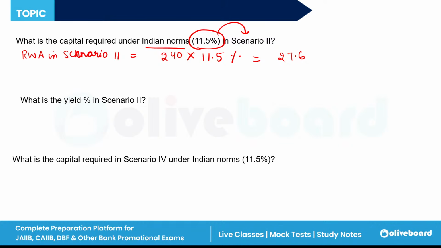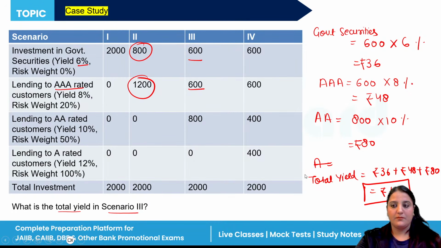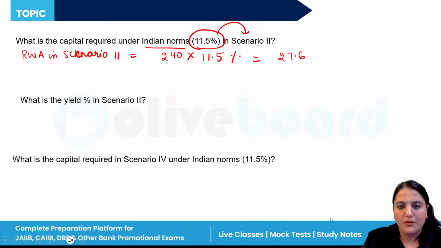Third question, what is the yield percent in scenario second? So we have to calculate 6% of 800 first, which equals 48, right?